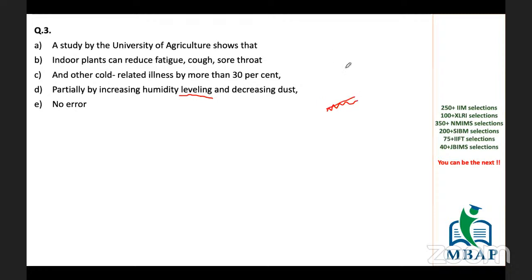Here we are talking about the level of humidity. This is a meter: low, mid, high. These are levels. So level of humidity. That's why D is incorrect, not grammatically, but because of the usage of a word which we have used incorrectly. So the correct one will be level, not leveling.